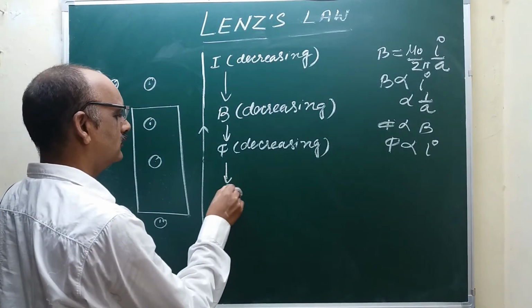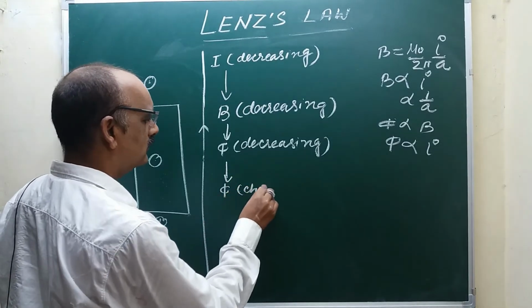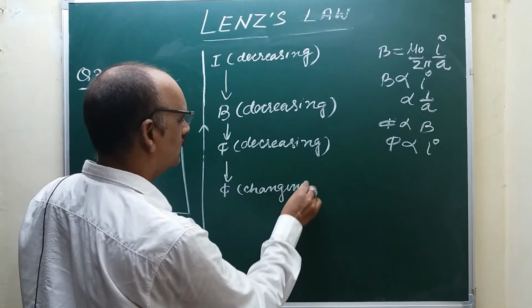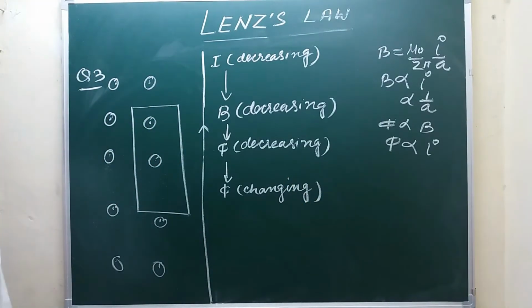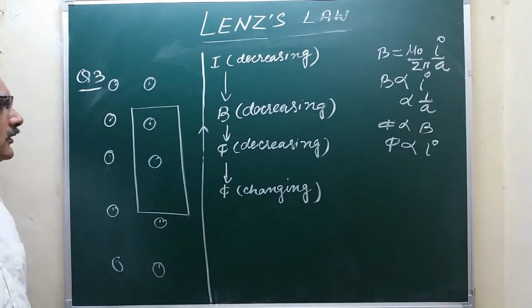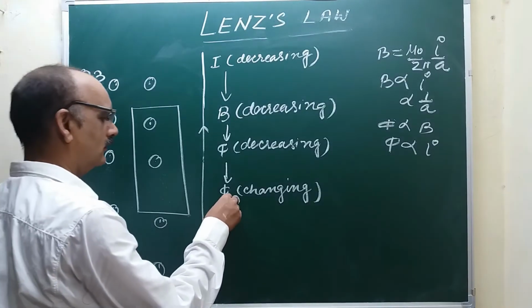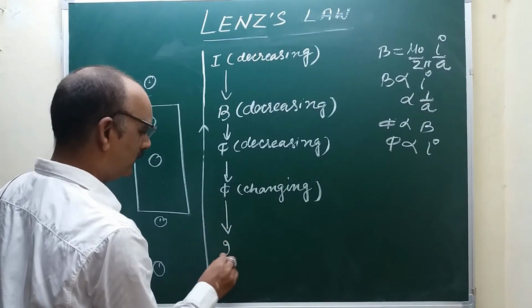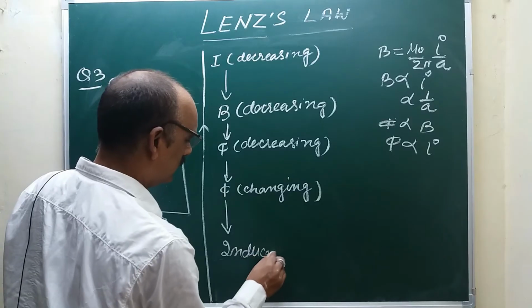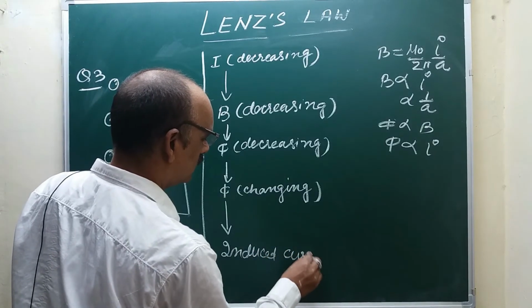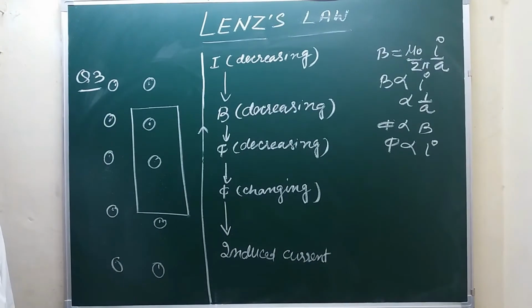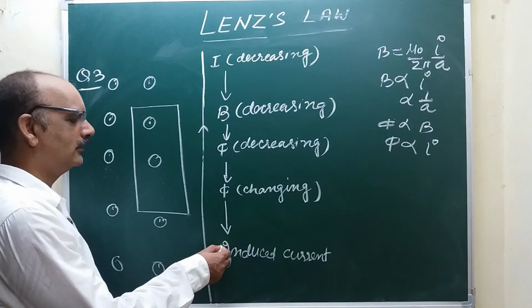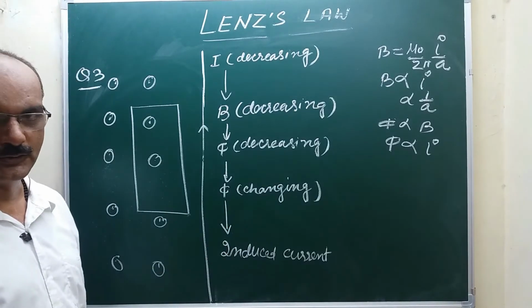It means that phi is changing, and in this changing phi, this rectangular coil is placed, and there will be induced current. Now the direction of induced current is such that it will oppose the cause which has produced it.